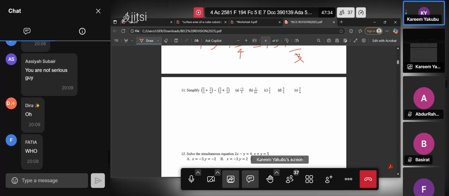So that means we have 3 over 4, 2 over 3 plus 1 over 4. That will give us, when you use the butterfly method, what do I mean by butterfly method? When you have addition of fractions, the butterfly method is that this will multiply this, and this will multiply this, this will multiply this. That is 2 times 4 is 8, plus 3 times 1 is 3, then 3 times 4, that is 12.